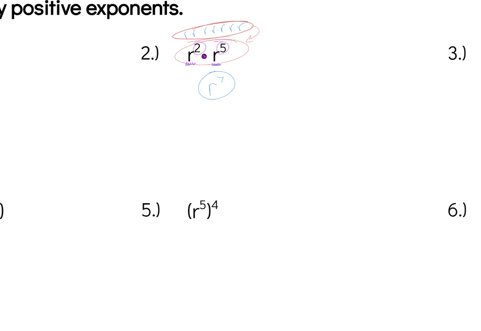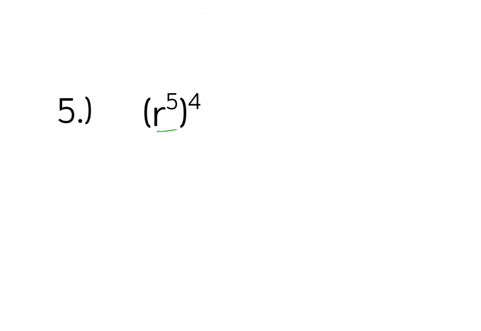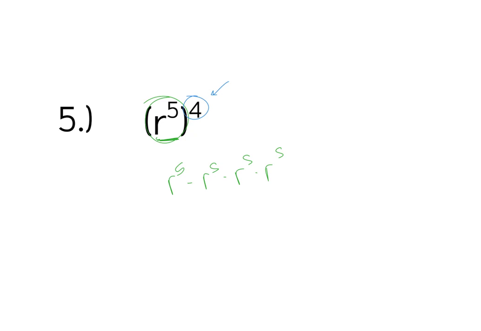Number 5. So just like this, an exponent means, hey, this is our base, and we're gonna multiply this 4 times, or however many that is. So this is what we have. That's technically what we have. So you could either write out 5, 10, 15, 20 r's, which would be crazy.